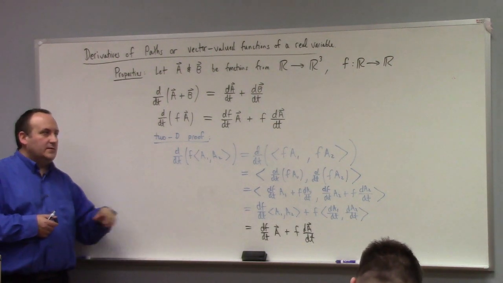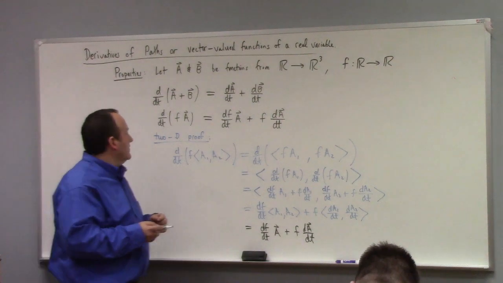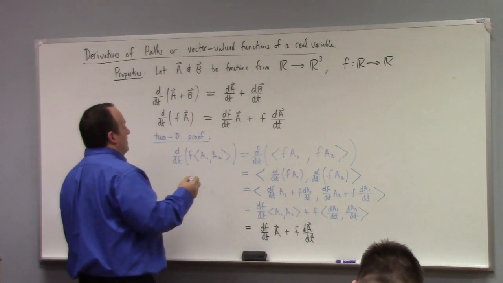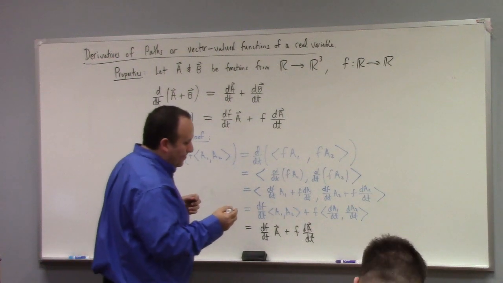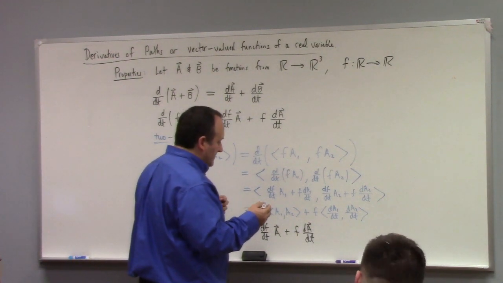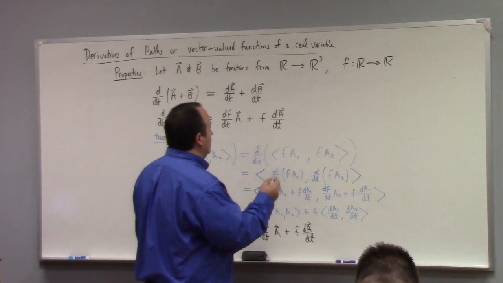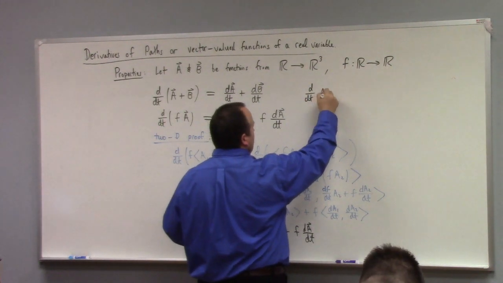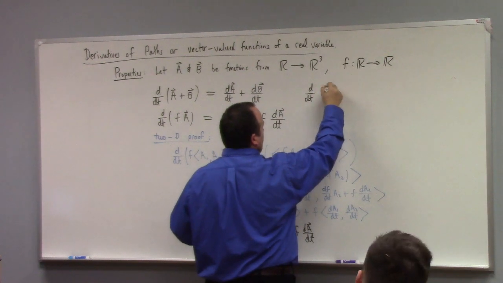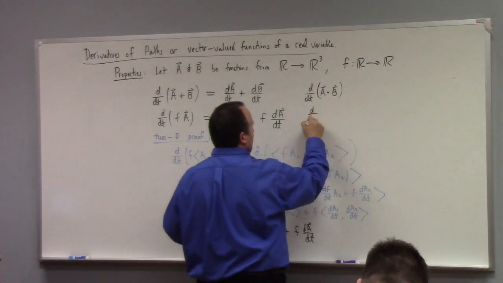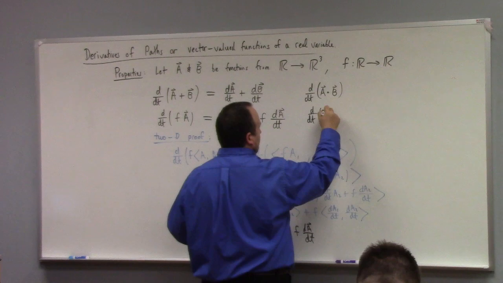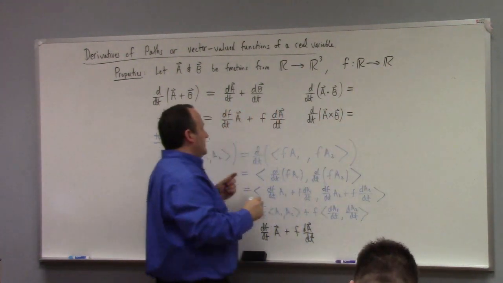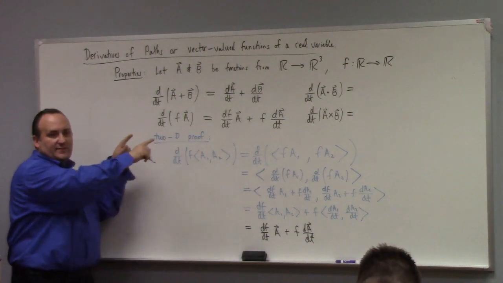All right? What else can you tell me? Well, here are the other two big ones: if I have d/dt of the dot product of a and b, or d/dt of the cross product of a and b, there are product rules for these products as well. So this was the product rule for scalar multiplication by a function.